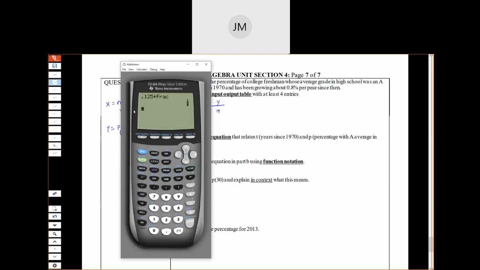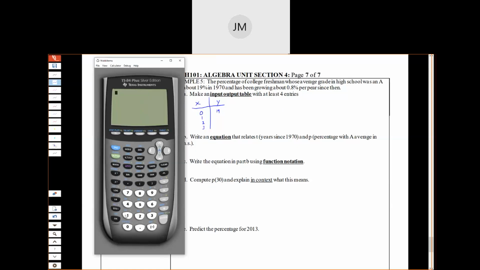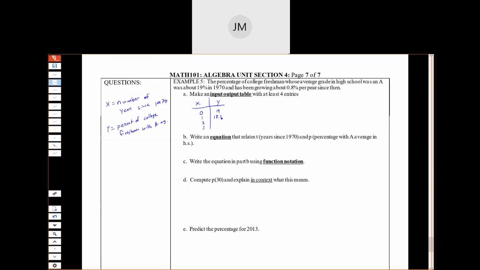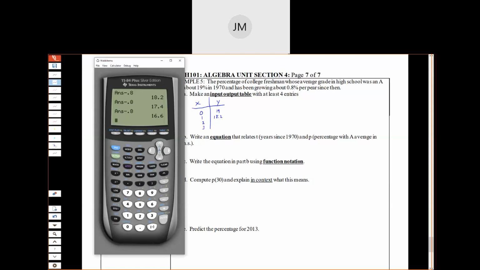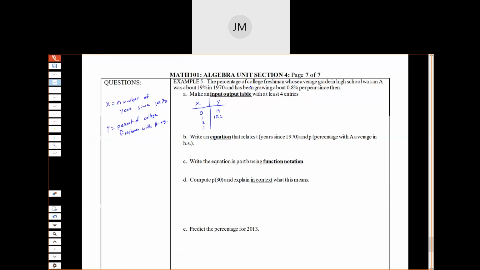So what I can do is start with 19%, and say, okay, I want to decrease that by 0.8, and then again, and then again. So if I decrease by 0.8, I'll get 18.2. And then if I decrease again, I get 17.4 and then 16.6.